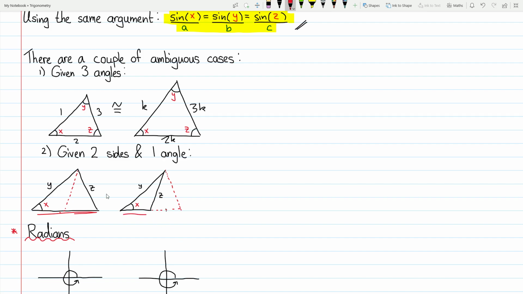So these are two fundamentally different triangles. So we need to be careful that in problems where we are given two side lengths and one angle, which triangle are we talking about? Are we talking about this triangle where all the interior angles are acute? Or are we talking about this triangle where we have two angles which are acute and one which is obtuse?